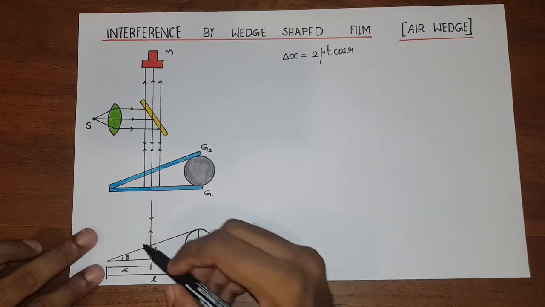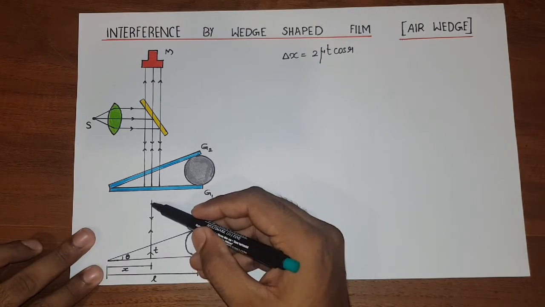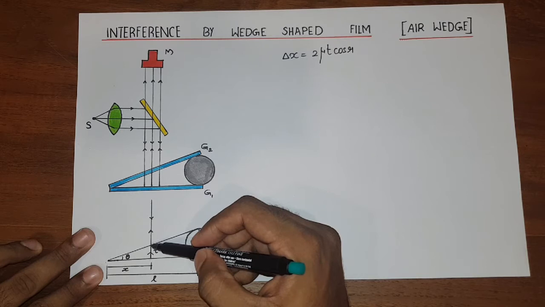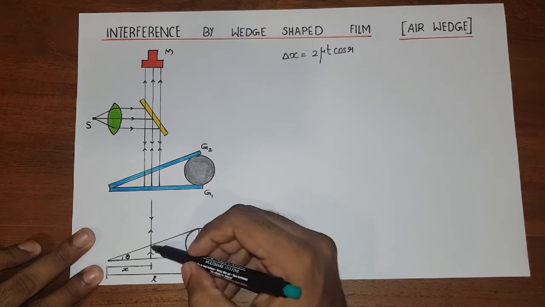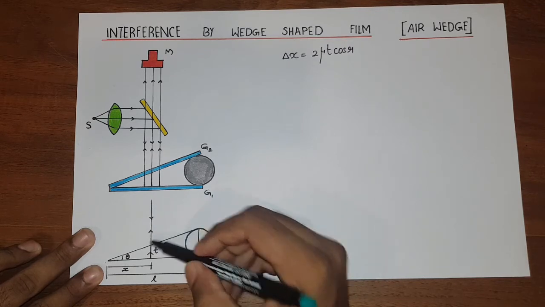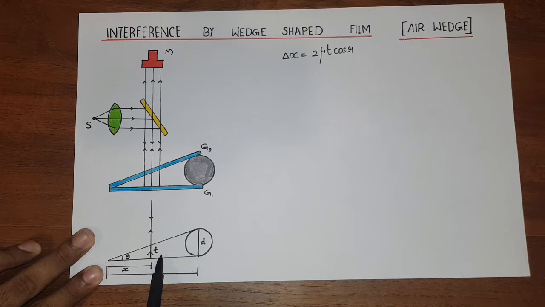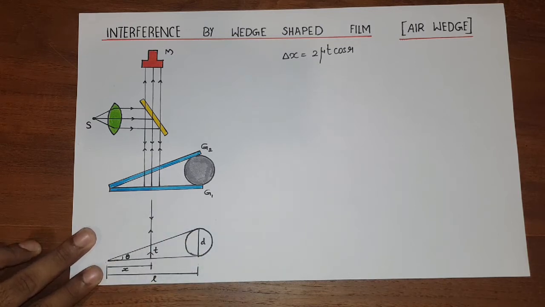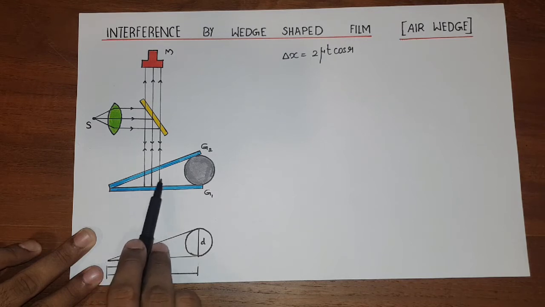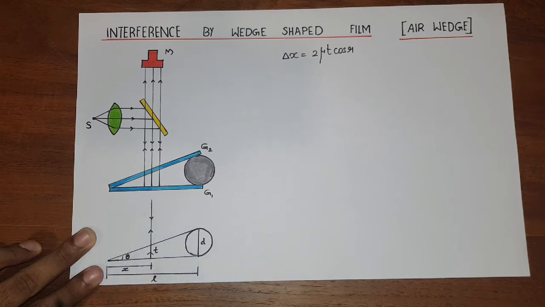Let's look at that. When thinking about the light ray that is reflected from the top surface, there won't be any phase change or additional path difference, because that reflection is happening at a rarer medium: inside it is air, and here it is glass. So this is reflection at a rarer medium. But if you look at the bottom surface, the initial medium is air and the reflecting medium is a denser medium.